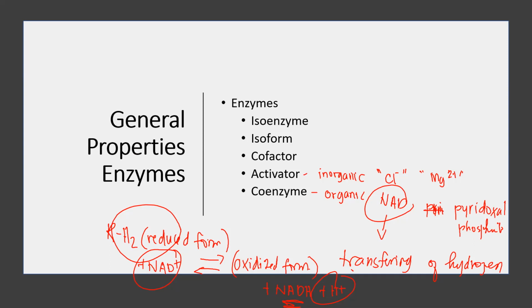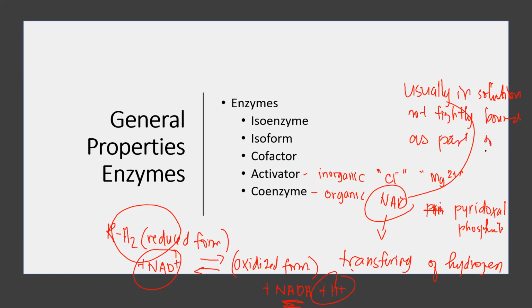Take note also that when NAD is involved as part of the enzyme reaction, it is usually in solution, not tightly bound as part of the enzyme molecule itself.